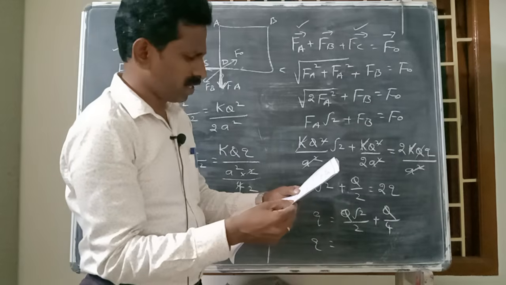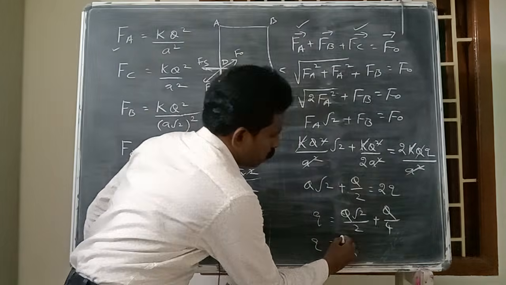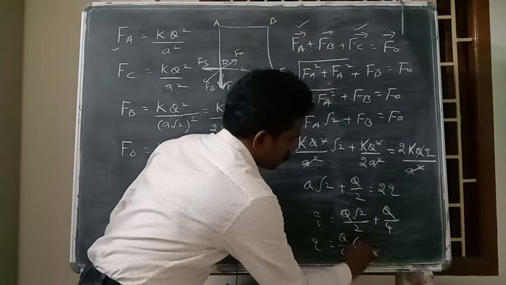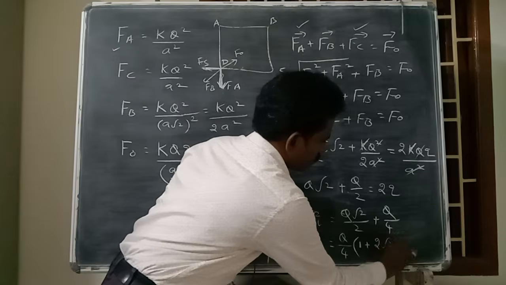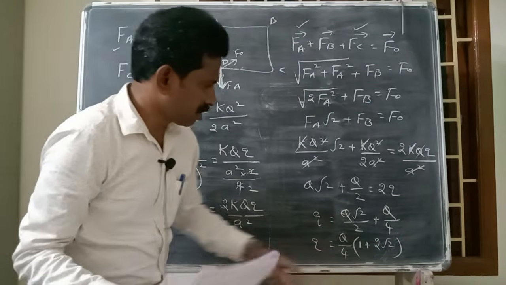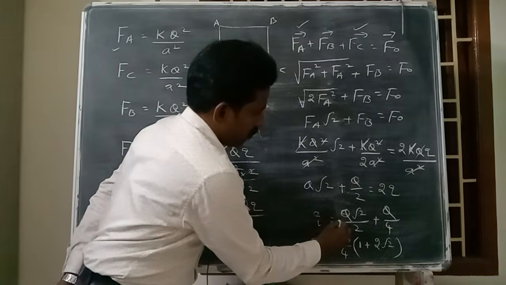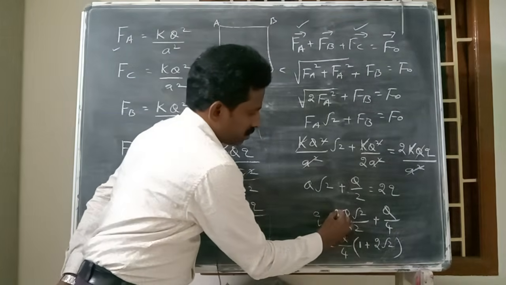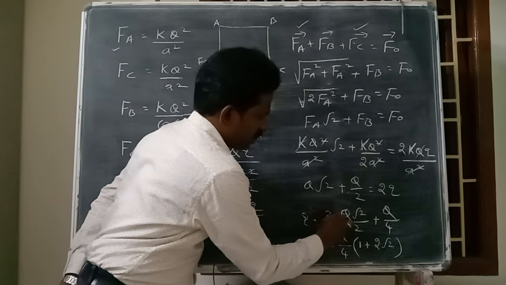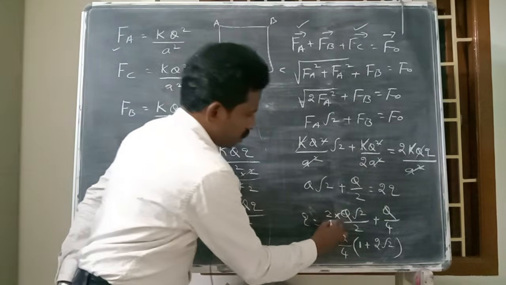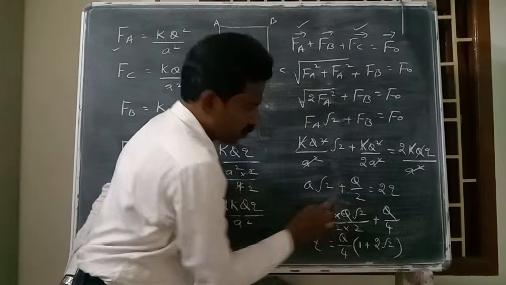Q by 4 into 1 plus 2 root 2 is there, so we can write Q by 4 into 1 plus 2 root 2. Q by 4 is taken common. If you multiply this by 2 and divide by 2, you will get 2Q root 2 by 4.